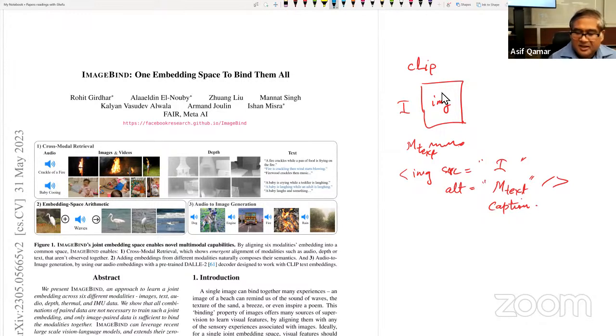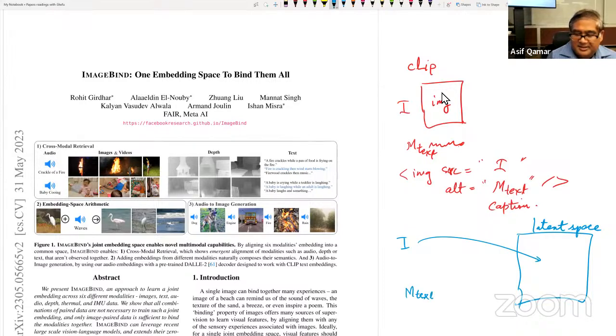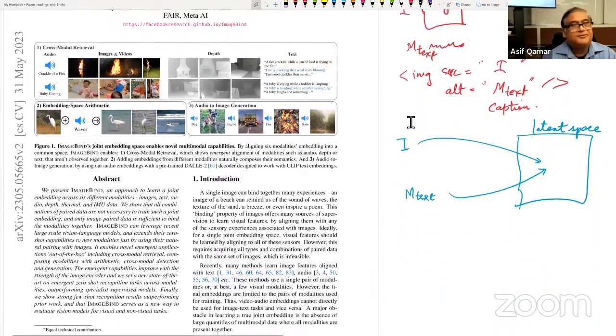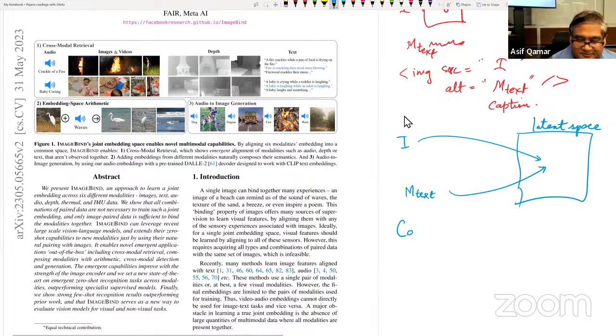So here, if you have a vector space, let's say this is your latent space, you have a way of doing semantic embedding of an image and a text into this space. You can associate text to this image. And the loss function, if you remember, is a triplet loss, building upon contrastive loss.